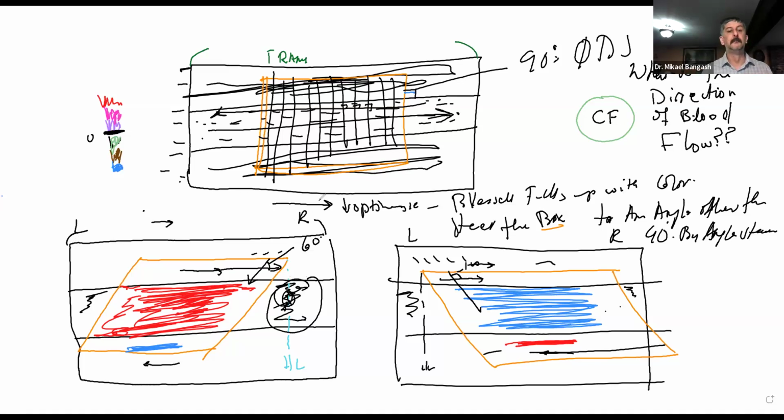Physically, mainly keep it in the same position, the same direction that it is, but you may just slide it this way.